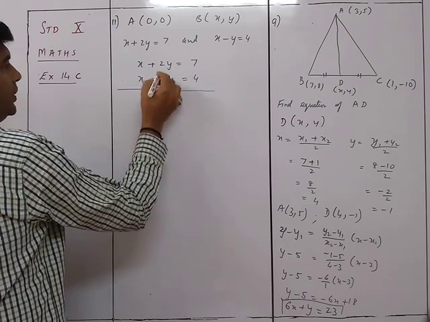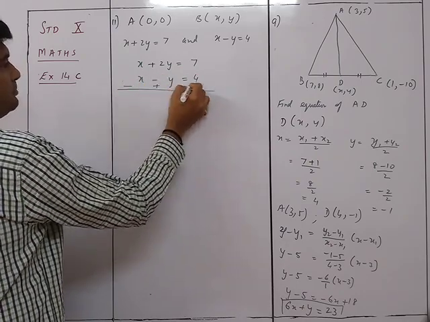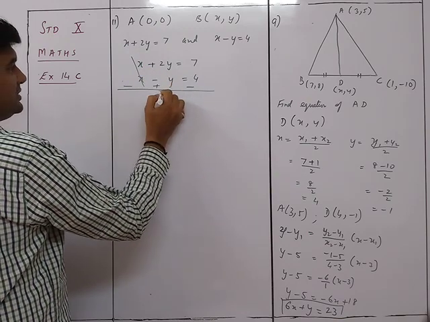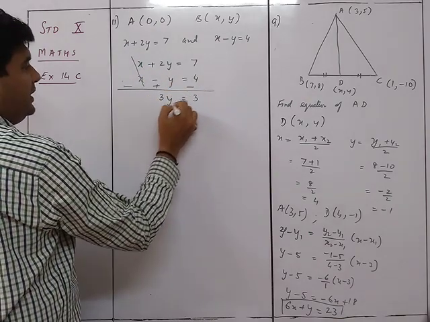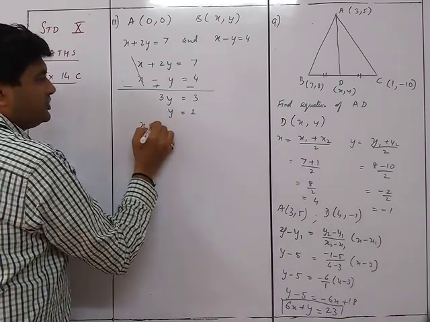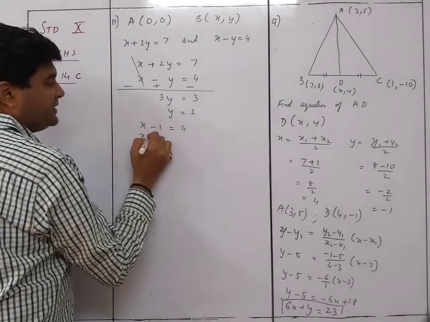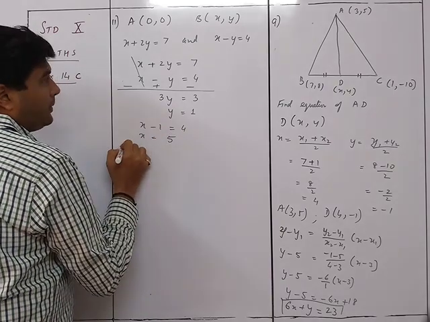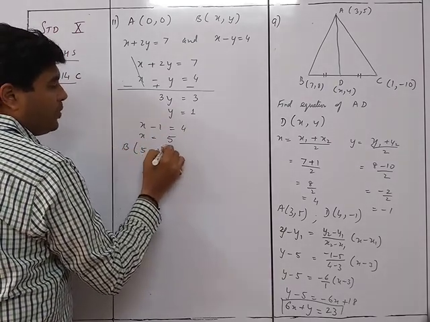Subtracting, minus and plus cancel, 3y is equal to 3, y is equal to 1. Accordingly, x minus 1 is equal to 4, x is equal to 5. Therefore, point B is (5, 1).